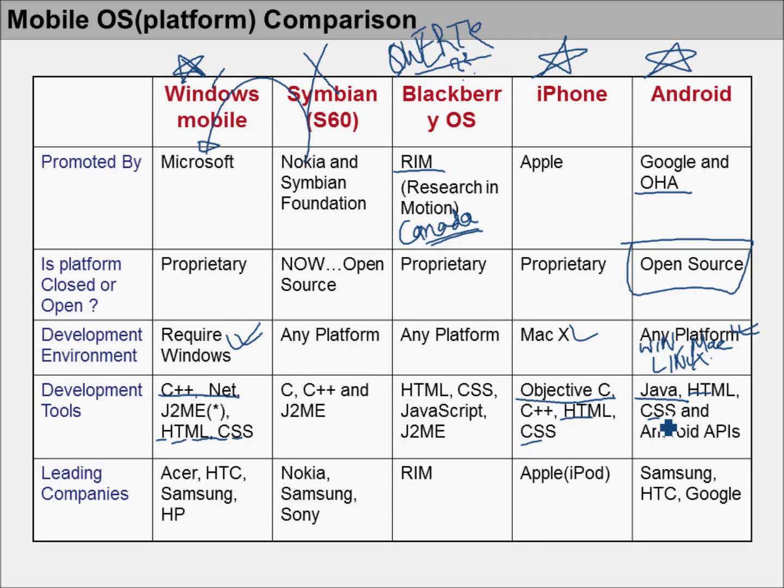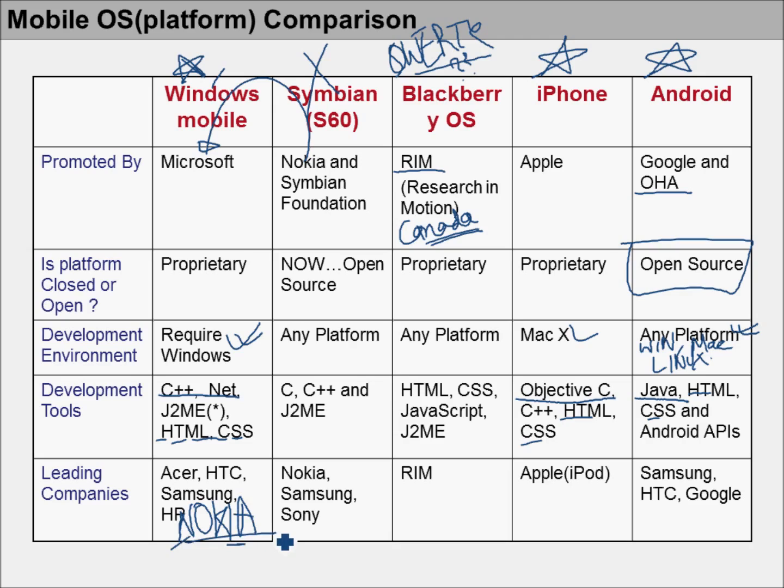Now, let us understand the leading mobile handset manufacturers who are shipping mobile phones for these operating systems. For Windows Mobile: Acer, HTC, Samsung, HP, and the big guy called Nokia. So Nokia handsets will now have Windows Mobile. iPhone is always Apple.